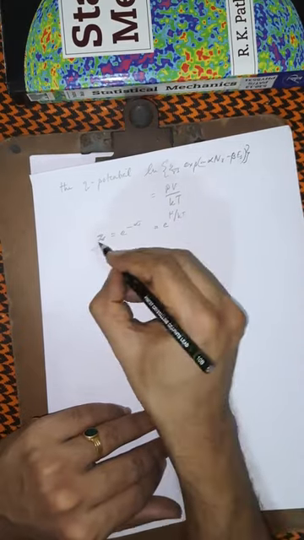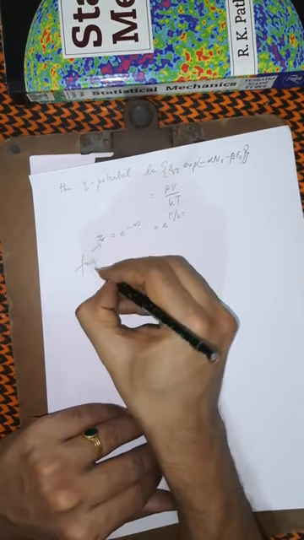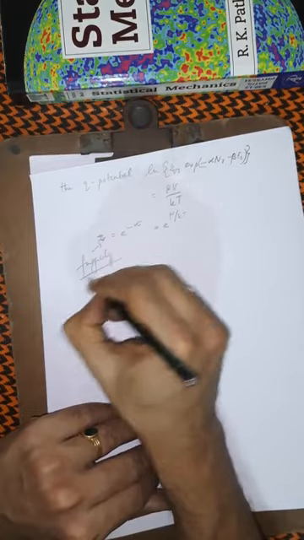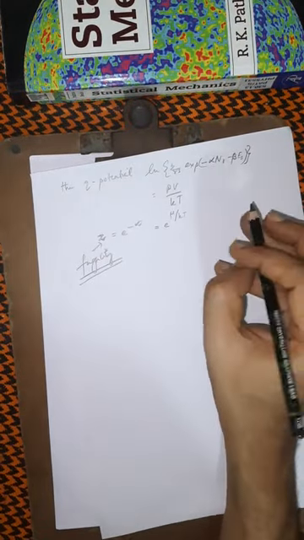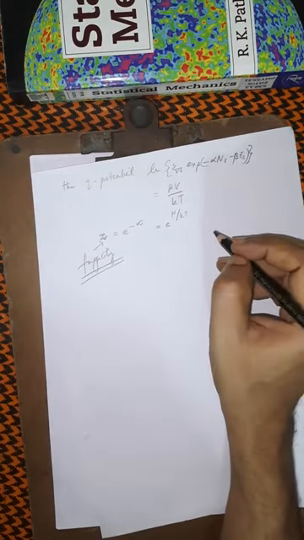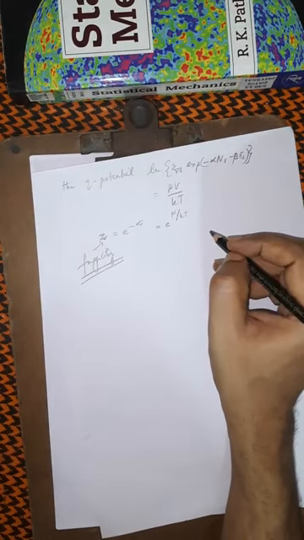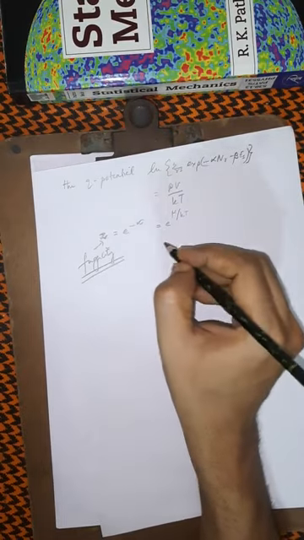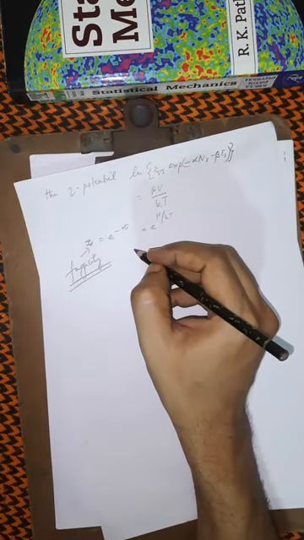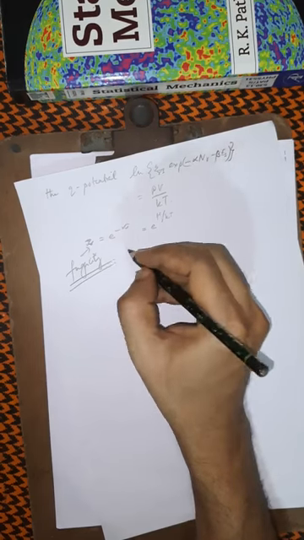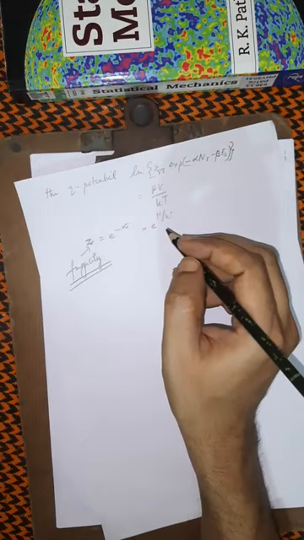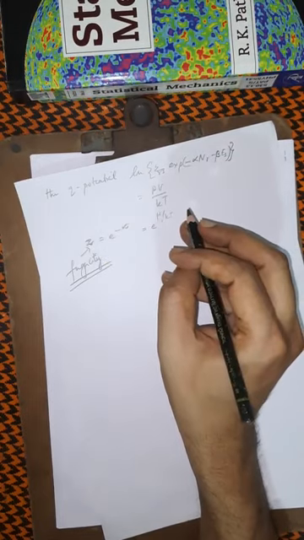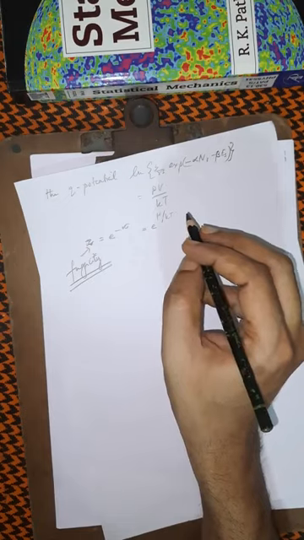And this term we call the fugacity. So what is fugacity? Fugacity is a measure of the gas's capability to expand or escape.